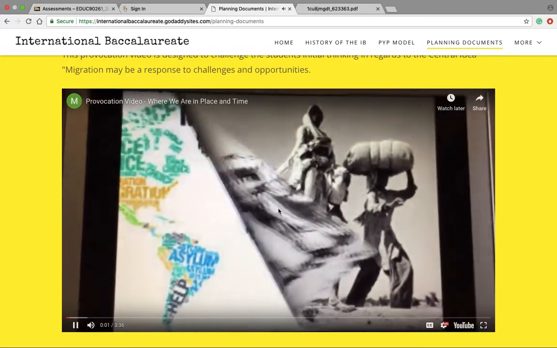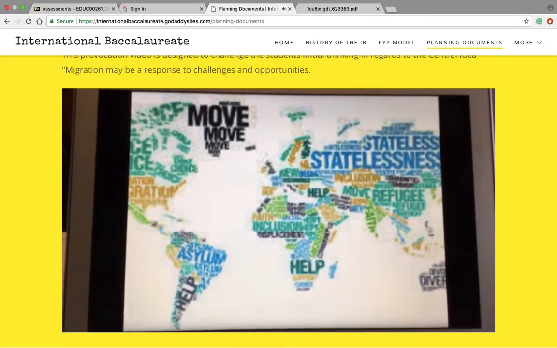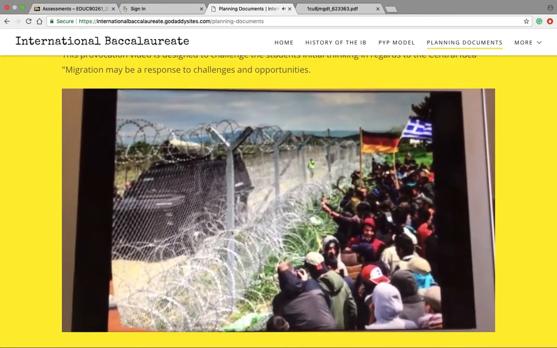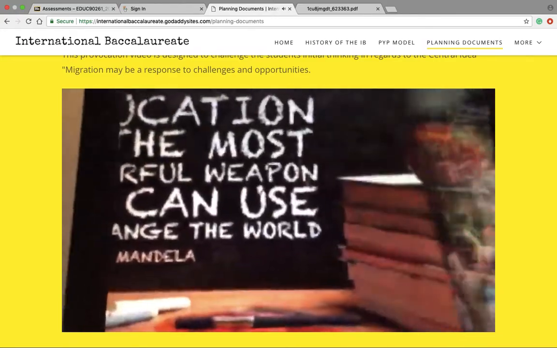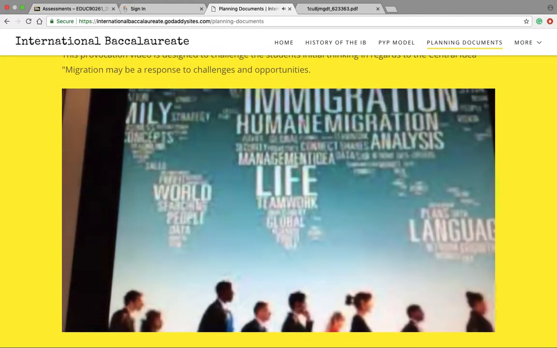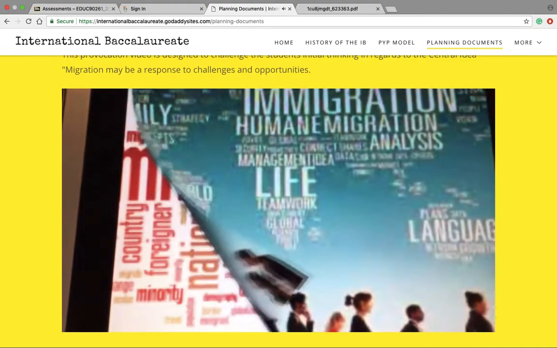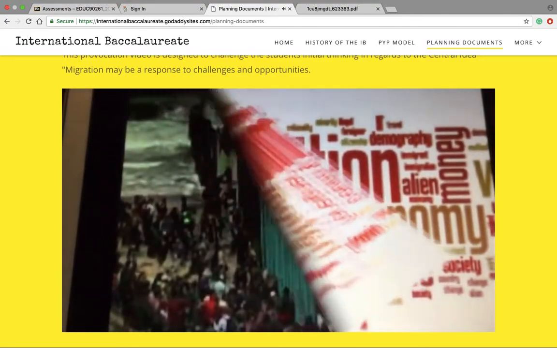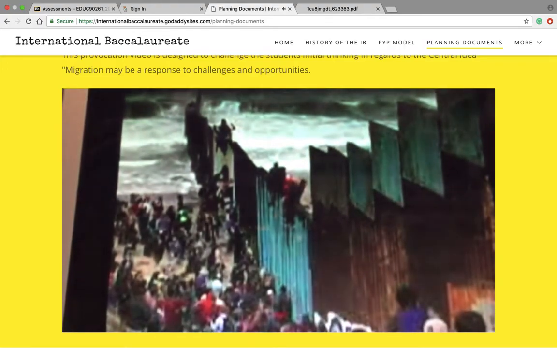As we begin our next unit of inquiry into where we are in place and time, we're going to inquire into our central idea, migration may be a response to challenges and opportunities. And to get you thinking about this unit of inquiry, we're going to start with our provocation. Now, in this instance, our provocation is designed to challenge you and to get you thinking about this unit of inquiry.